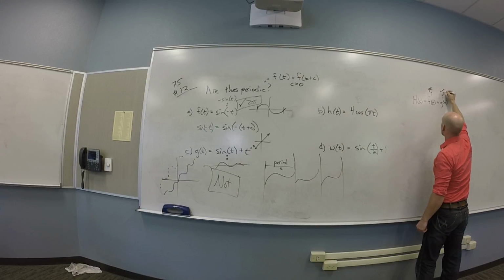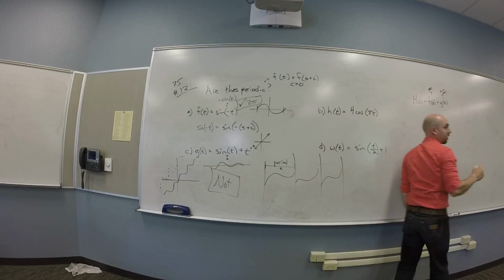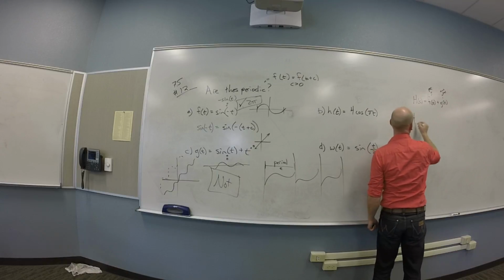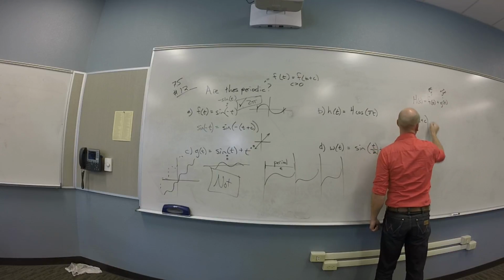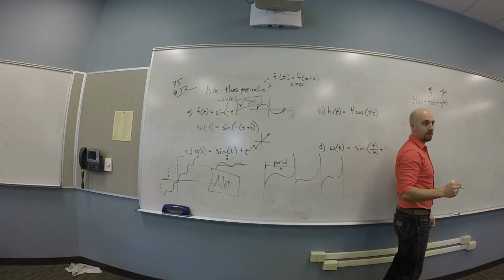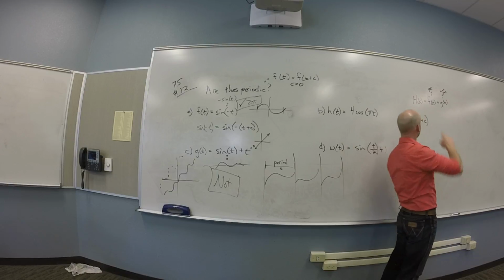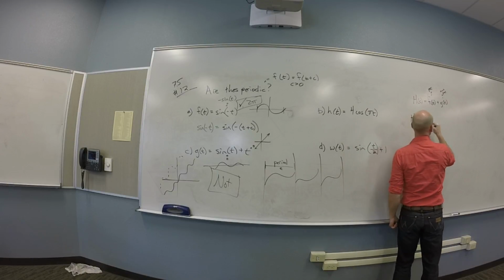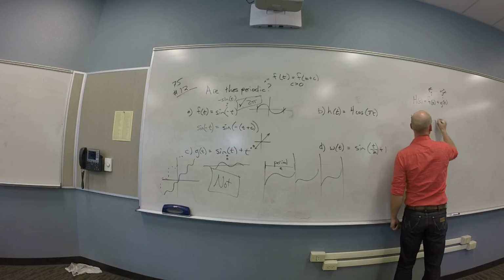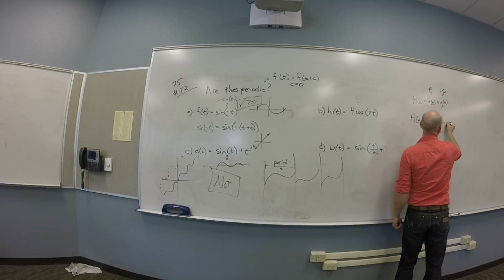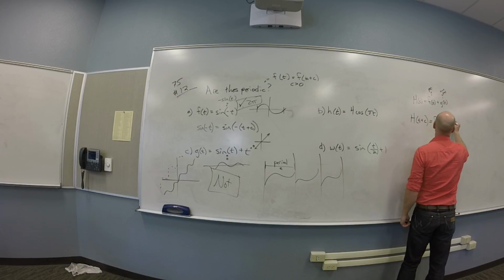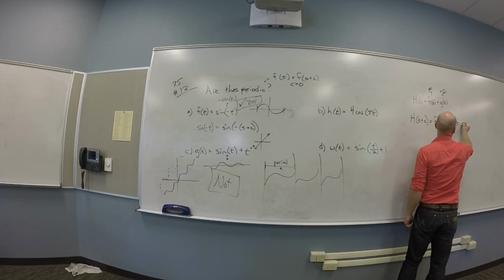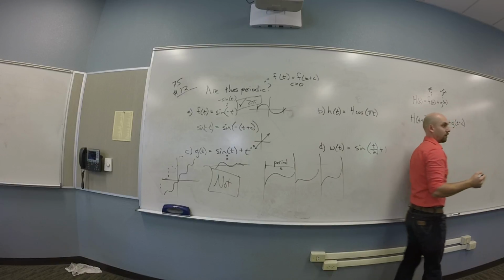If I think about h of t plus some constant c, I'm hoping to get back to h of t, but the way I make big H of t is I do little f of t plus c, and I do g of t plus c as well.